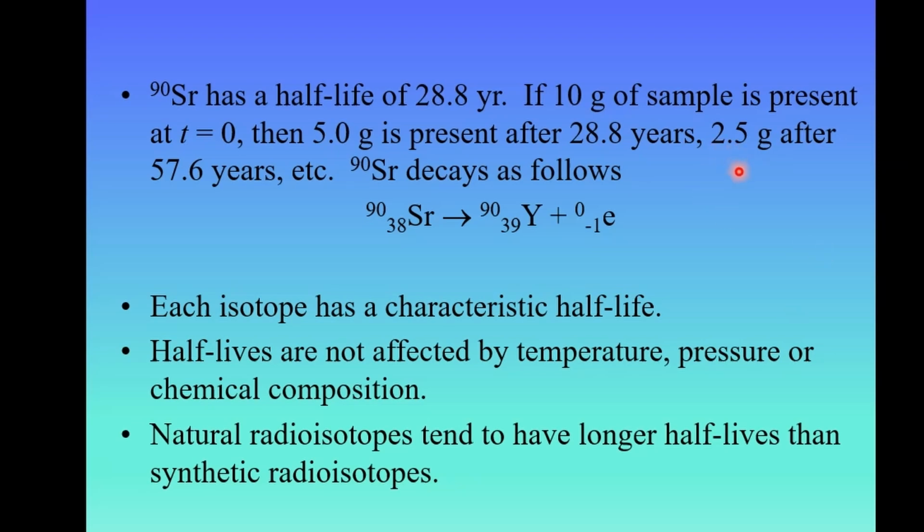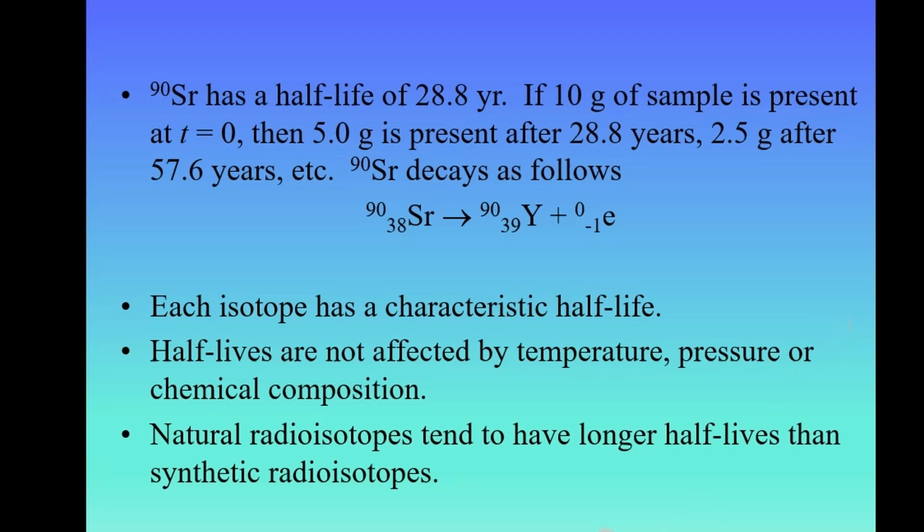One aspect of nuclear chemistry that might be a little easier than chemical kinetics is that we don't have to deal with molarity, it's just straight up mass. 10-gram sample, strontium-90, 28.8 years, we're going to have 5 grams. Wait around another 28.8 years, we're going to have 2.5 grams.